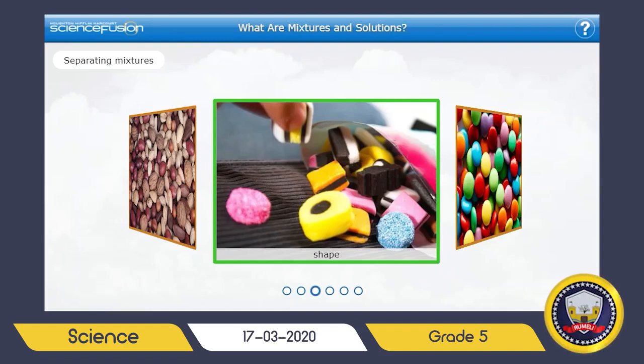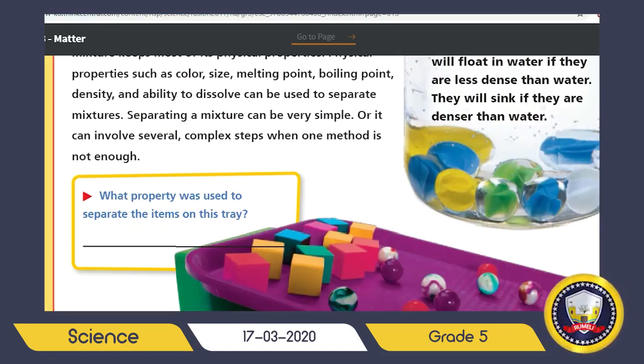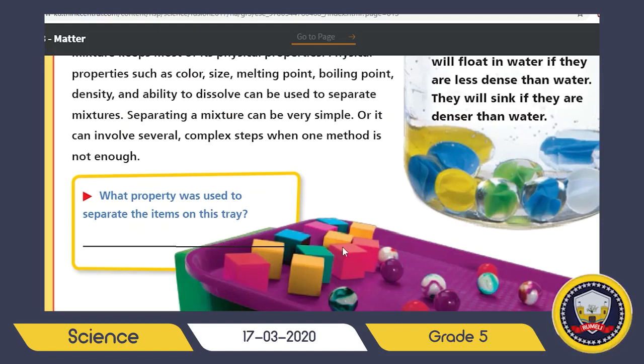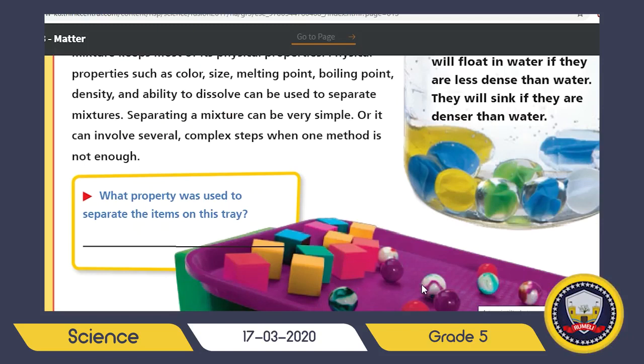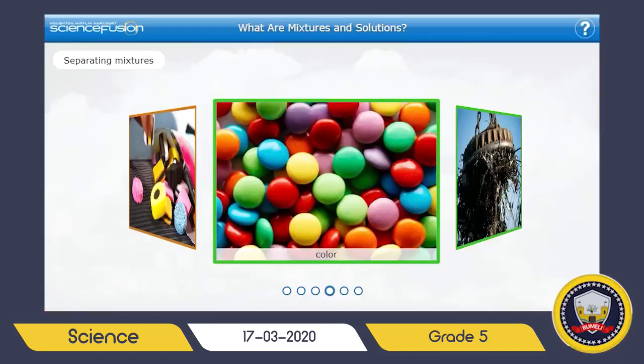You can separate the circular ones and the rectangular ones by using shape, as we discussed in our example here. The color of the solid parts of a mixture can also be used to separate the different parts.